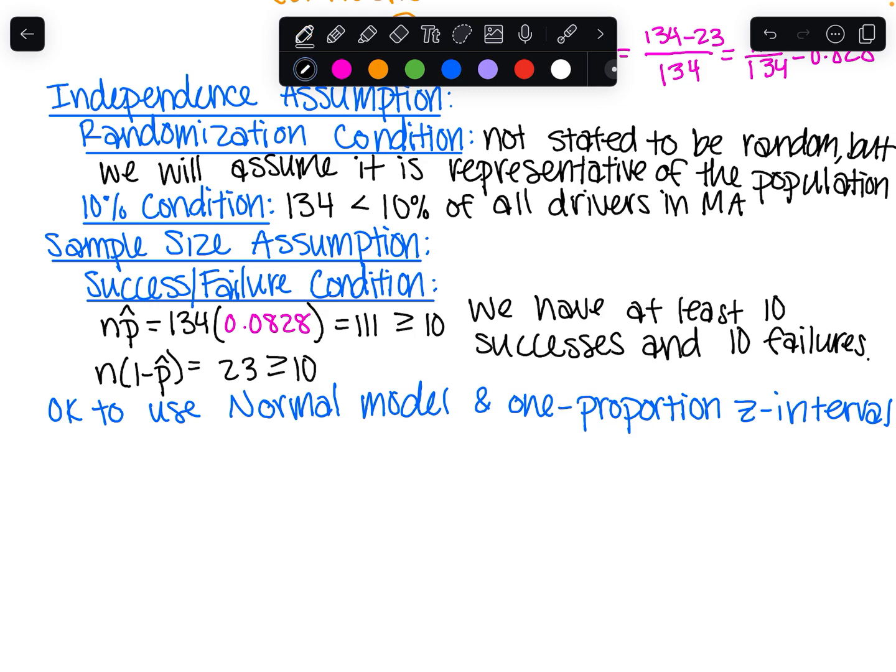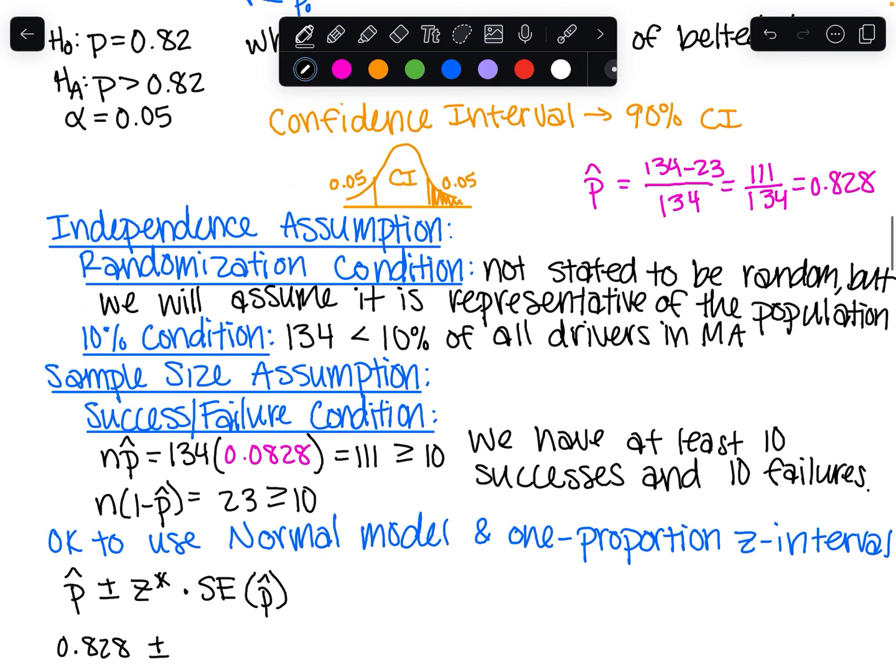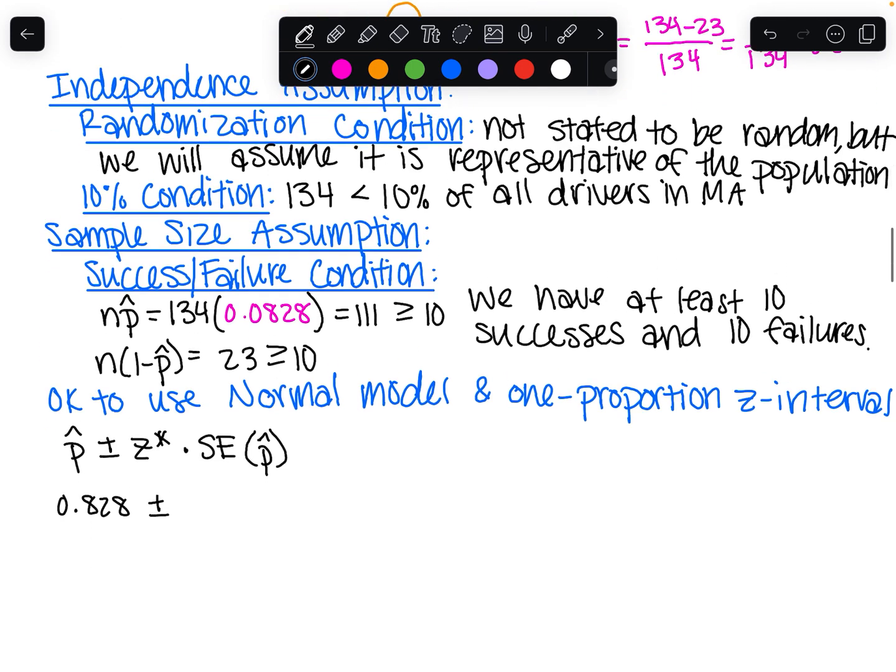Okay, how do we find a confidence interval for proportions? We need our formula, p hat plus or minus z star times the standard error of p hat. Okay, p hat we had found to be 0.828 plus or minus. What's our confidence level? 90%. So this is going to be 1.645. If you didn't know that, remember you can use inverse normal in your calculator to figure it out. Standard error of p hat is the square root of p hat times 1 minus p hat over n.